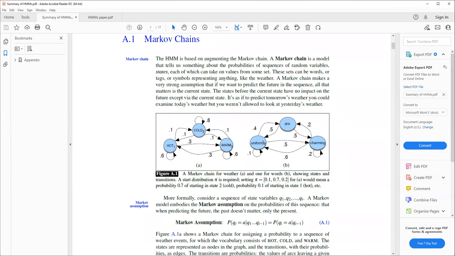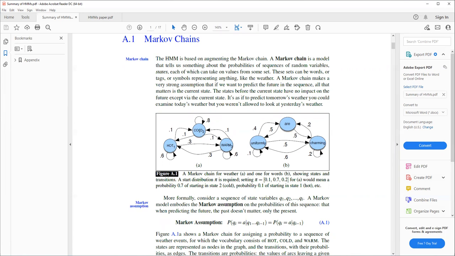On the other side, again there are three different states: uniformly, are, and charming, right? For each of these states you can move from one state to the next. Each state in a first order Markov chain depends only on the previous state.